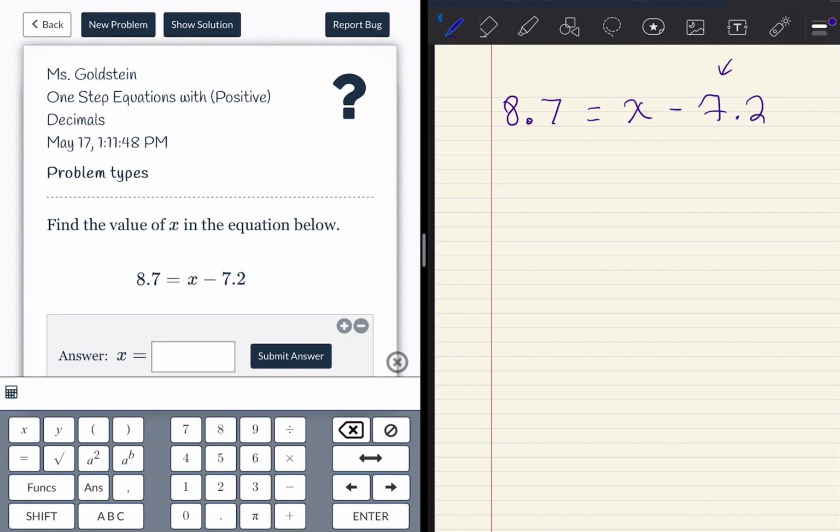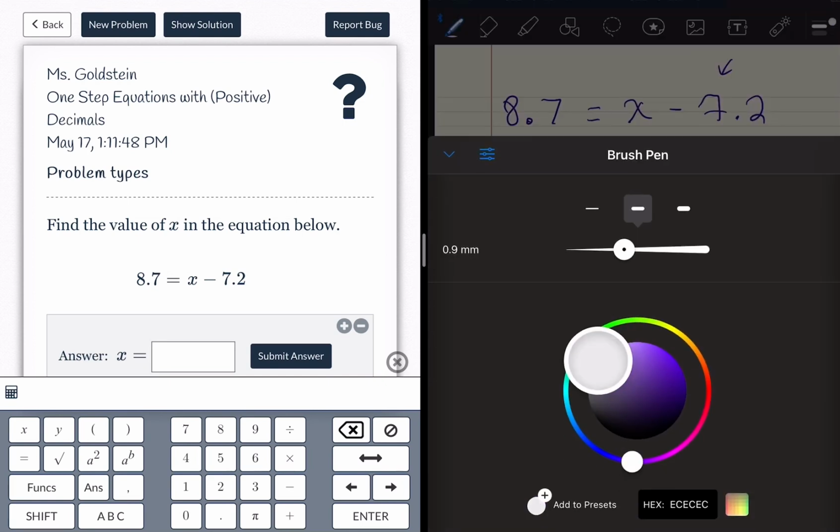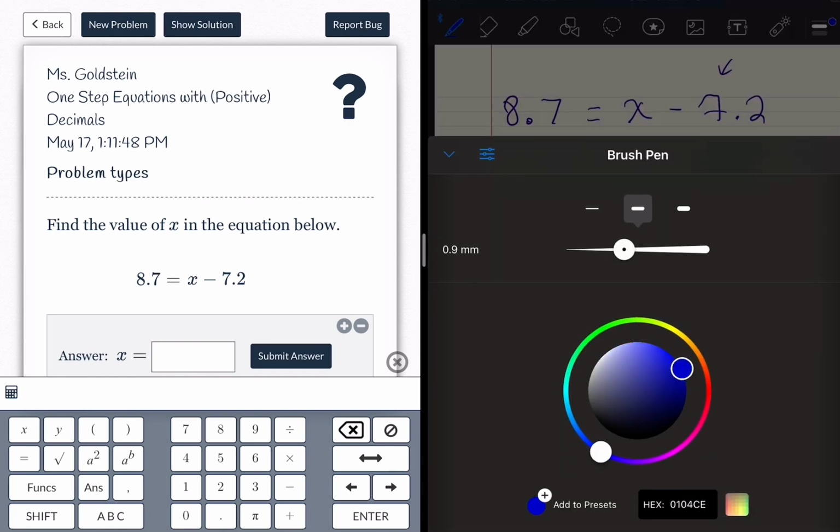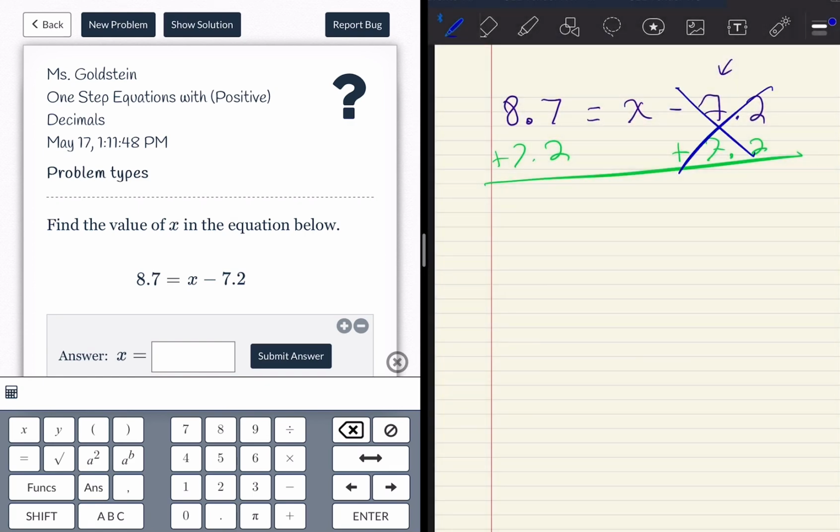It's being subtracted by 7.2. So the opposite of subtracting by 7.2 is adding 7.2. Whatever I do on one side, I do on the other. Okay. My opposites cancel.